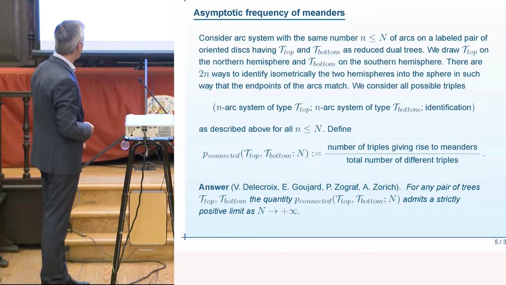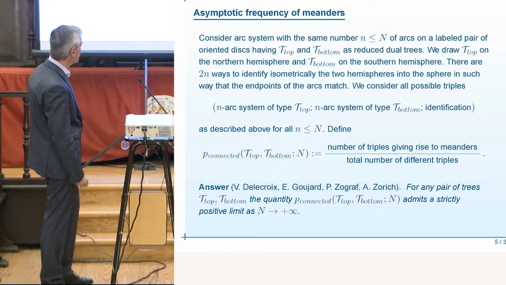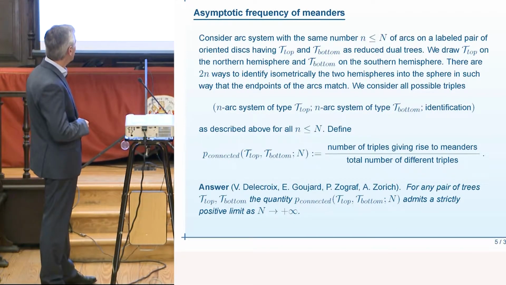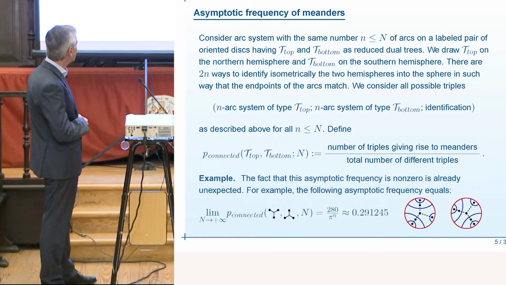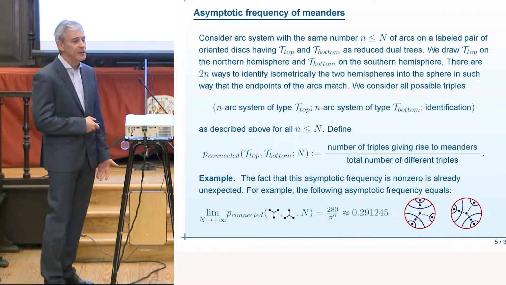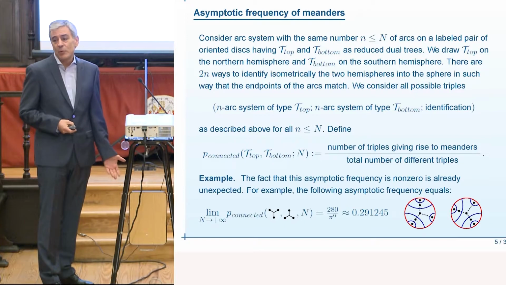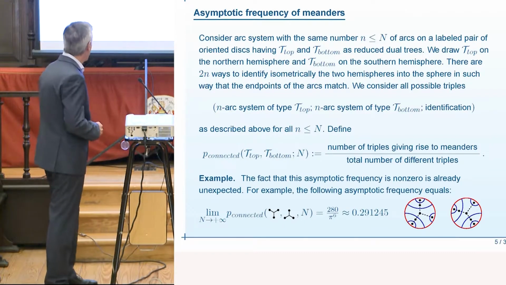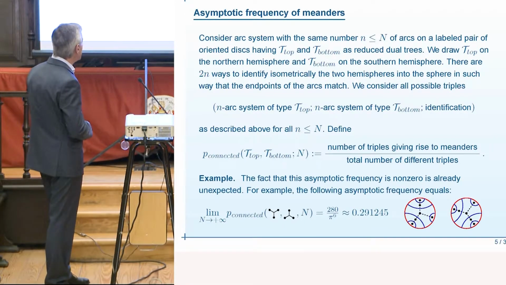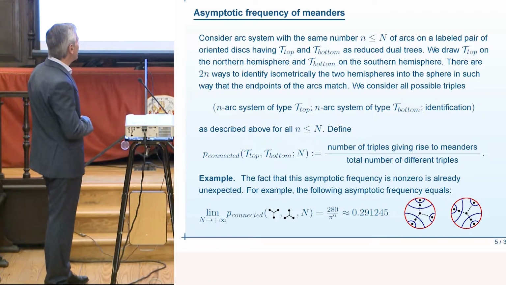Here's an example. For this example, which was in the picture, the probability is this exact number, which is approximately 1/3, which is not even quite small, right? And for any pair of trees, the answer depends only on the total number of vertices of valence 1, 3, etc., and is given by an explicit formula, which I don't want to give.